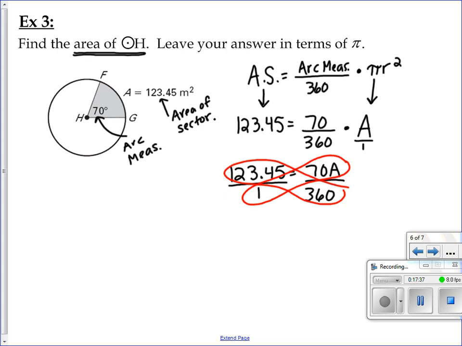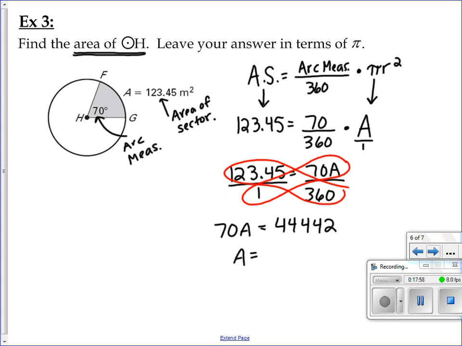So let's see, you got 1 times 70A, which is just 70A. 123.45 times 360. Let's see what that gives us. That's 44,442. And then to solve for A, we're just going to divide by 70.